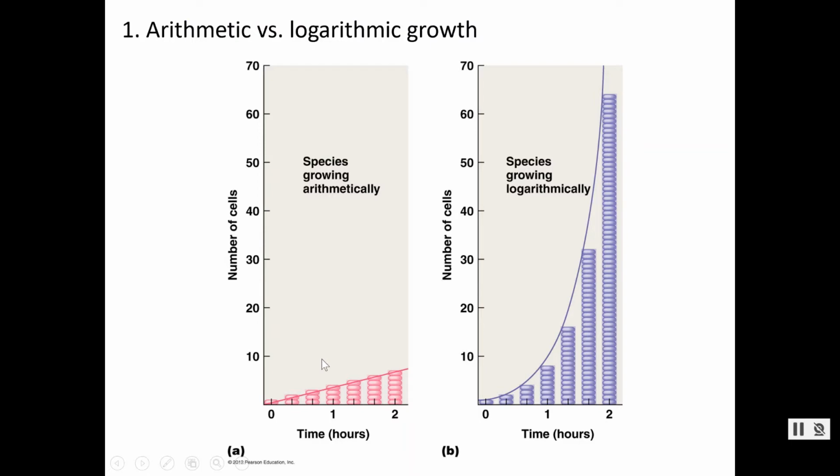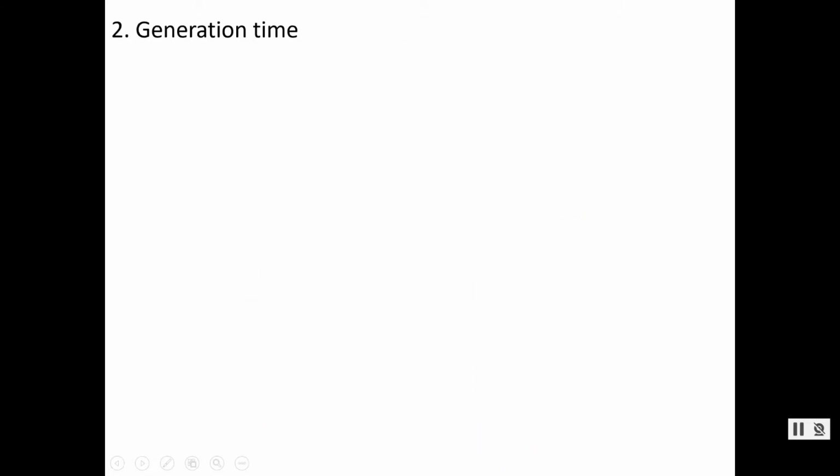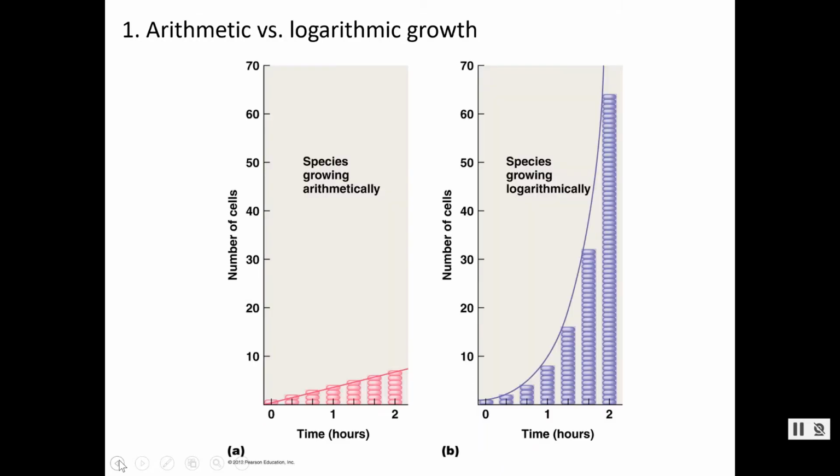When we're talking about bacteria cells replicating, we go from one cell to two cells, and then both of those two cells undergo binary fission, and so now you have four cells. All four of those cells undergo binary fission and replicate, and now you have 8 cells. This is called a logarithmic growth scale. You can contrast this with arithmetic growth.